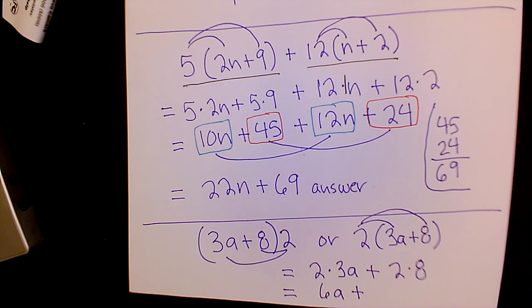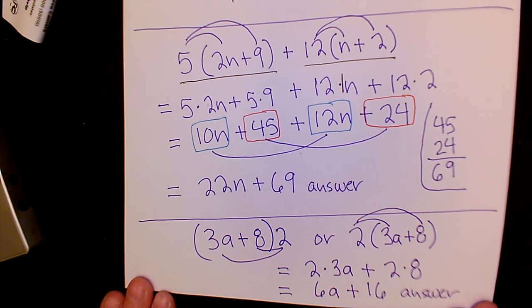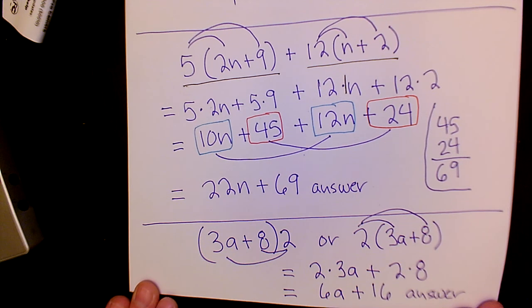Bring down the plus, 2 times 8 is 16. So this is my answer. And like I said, you can do it with the number in the back first, or you can bring it up front, if that's easier for you. So the answer is 6a plus 16.